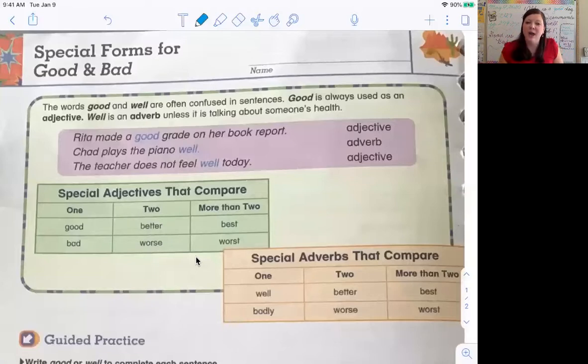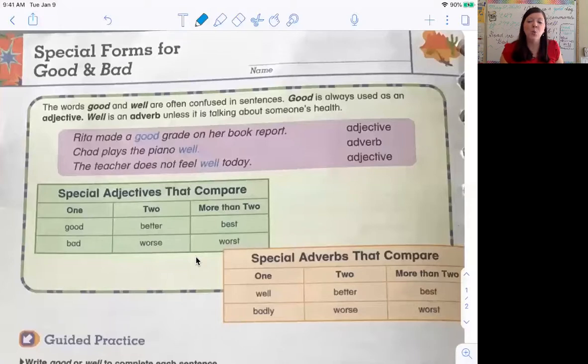The words good and well are often confused in sentences. Good is always used as an adjective. Well is an adverb, unless it's talking about someone's health. Let's look at those green and the orangish box. Good, better, best. Can you say that with me? Good, better, best. Let's go down to the next row.